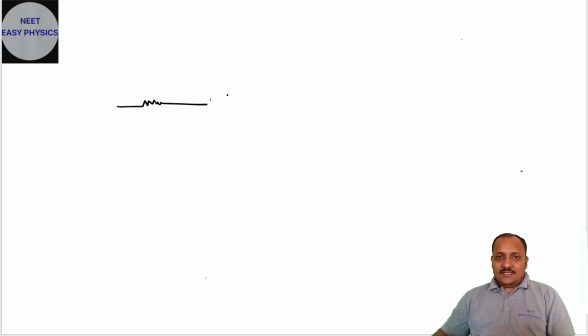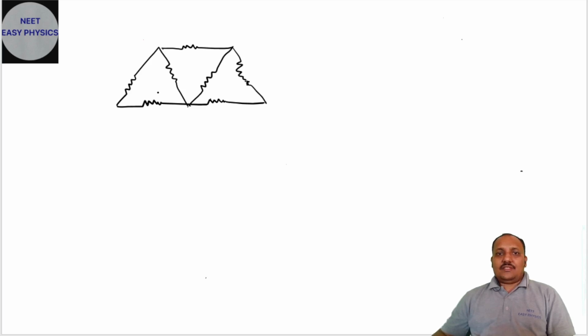Now this is the circuit. What they have given is that in place of these resistors, they are going to give capacitors. How to do it for capacitors, instead of solving the entire problem by logic, how we will remember, we will discuss.